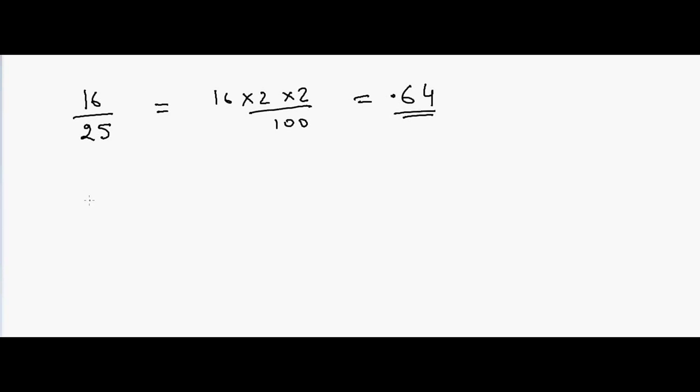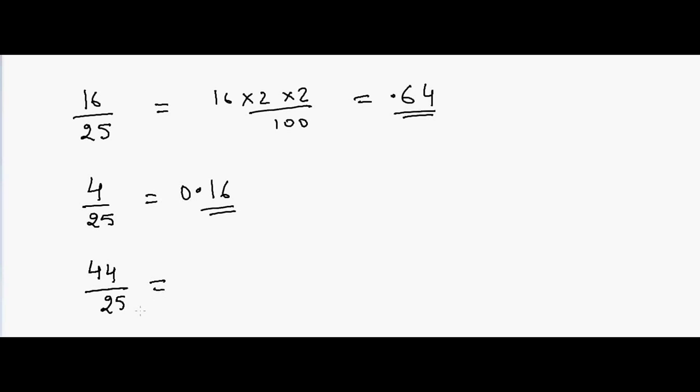Again, if I have 4 divided by 25, that will be equal to 4, double of 4 is 8, and double of 8 is 16, so 0.16. Another example is if I have 44 to divide by 25.